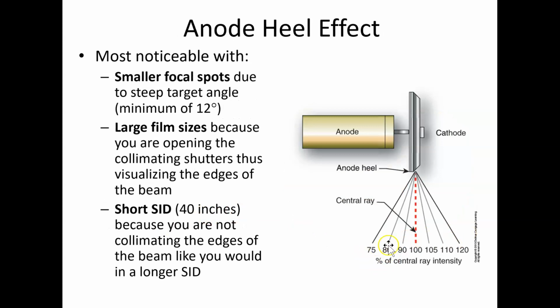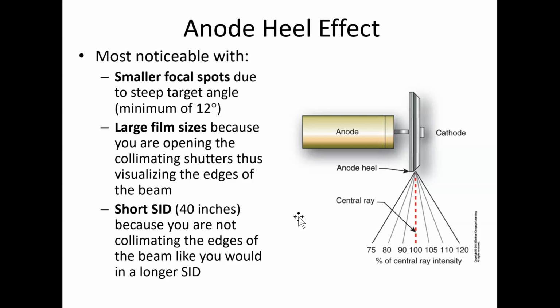And here we can see the percentages. If you assume that the central ray is 100% of the intensity of the beam, on the anode side, here's the heel here, there are fewer photons that make it through, as opposed to on the cathode side, you have more photons than you would even in the central ray.